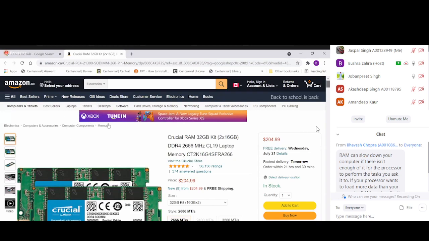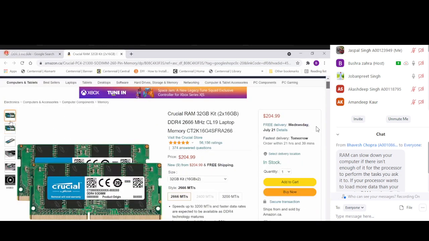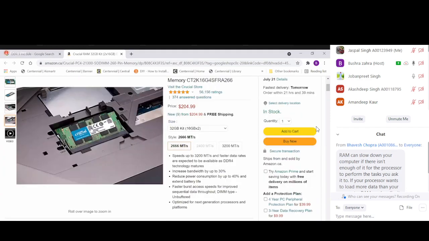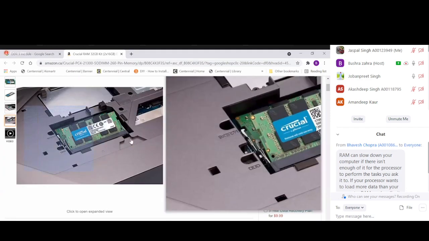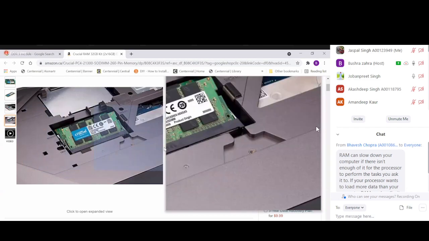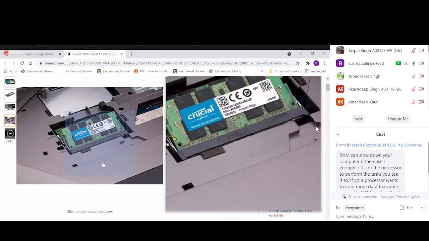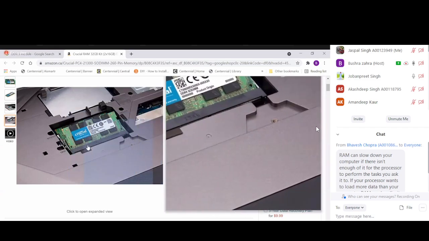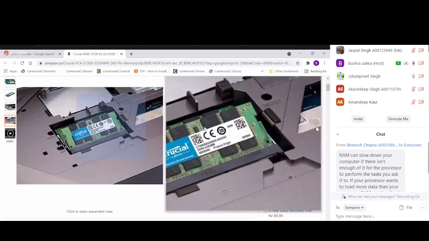So it comes like this. It's going to be installed in a laptop at the back of your laptop. If you turn your laptop over, but not now, you'll find some slots available under the cover.